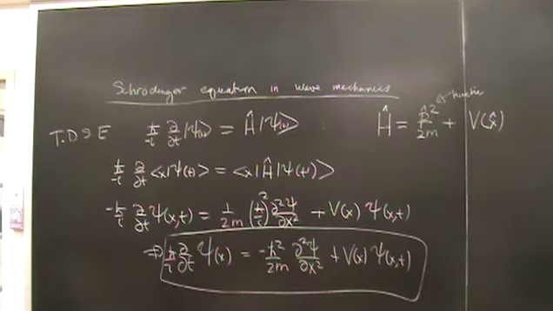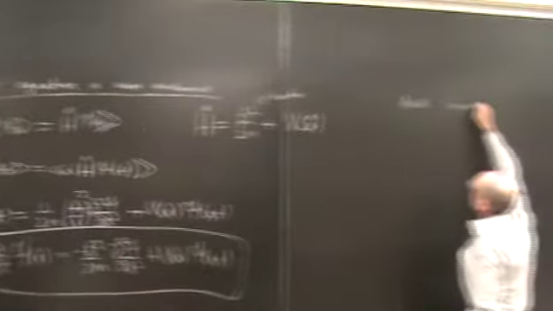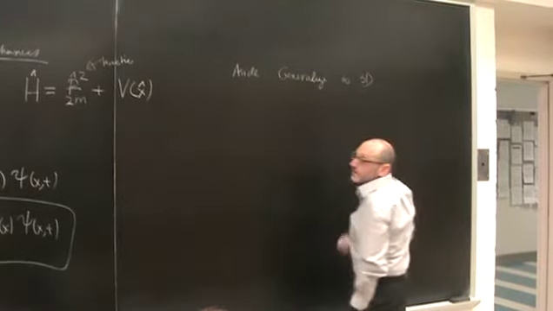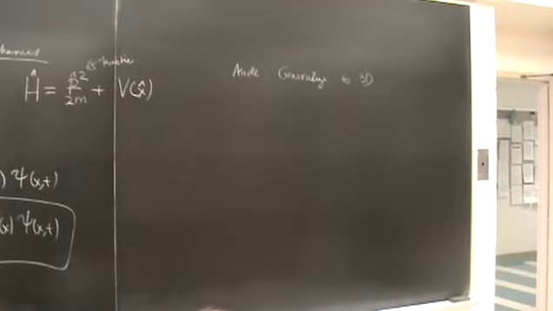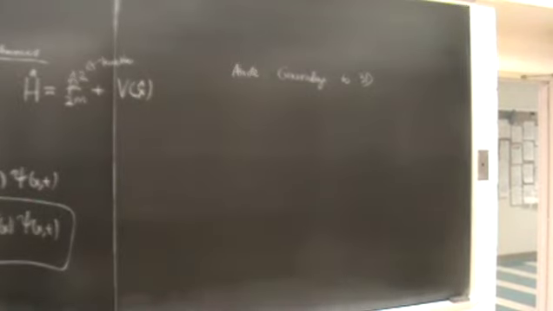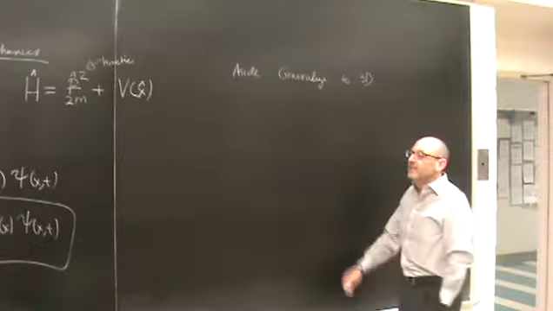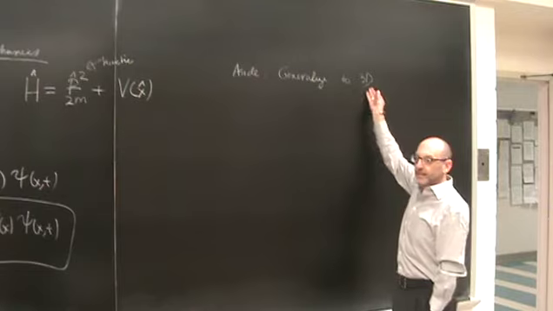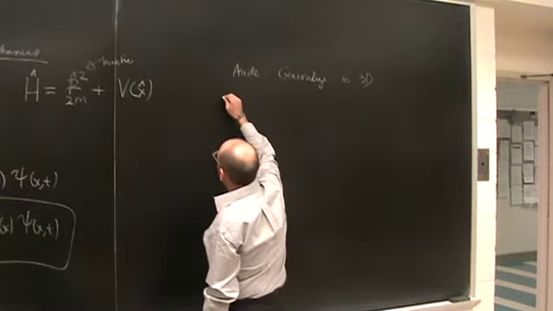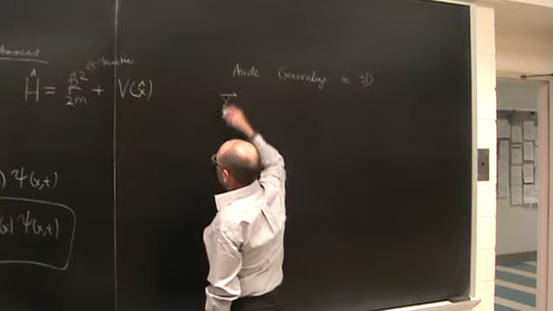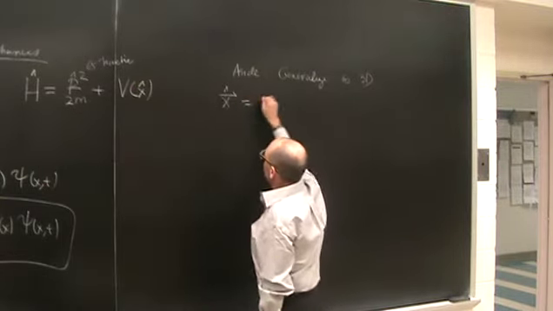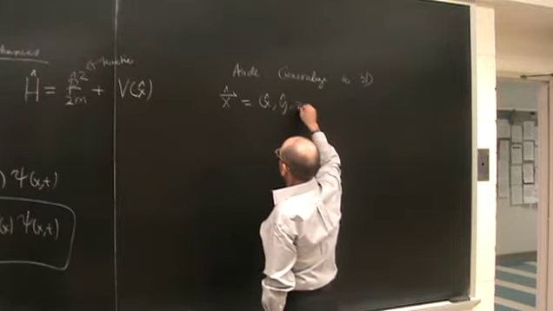Let me just do a quick little aside. We talked about the Schrodinger equation and representation just in one spatial dimension. Let's quickly write down the results in 3D. In 3D we have now position, which I'll call x with a vector, so this is x hat, y hat, z hat.